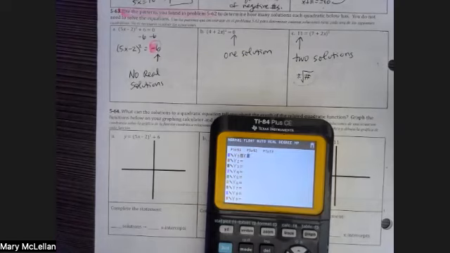Here, I have 5x. Watch me learn how to find x on this calculator. I haven't done this in years. 5x minus 2 squared plus 6. Now I press graph.